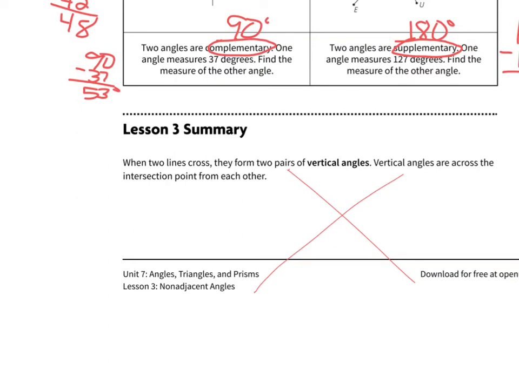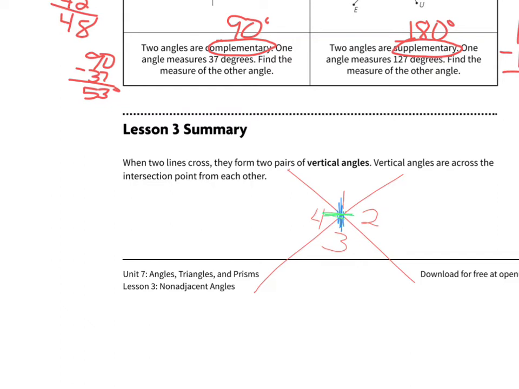Vertical angles are across from each other. So if I have angle 1, 2, 3, and 4, angles 1 and 3 are across from each other, and angles 2 and 4 are across from each other.